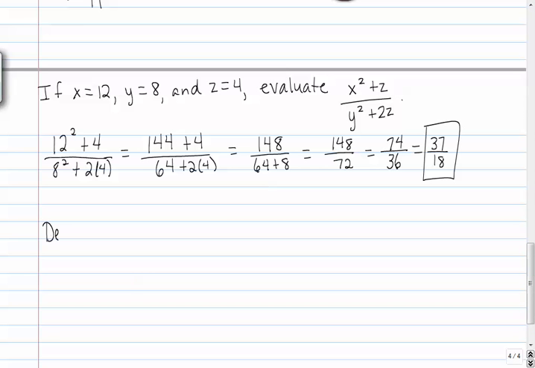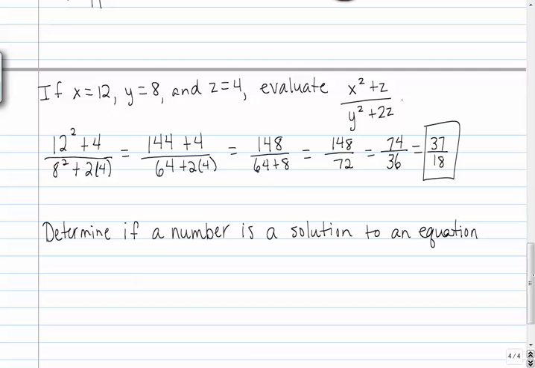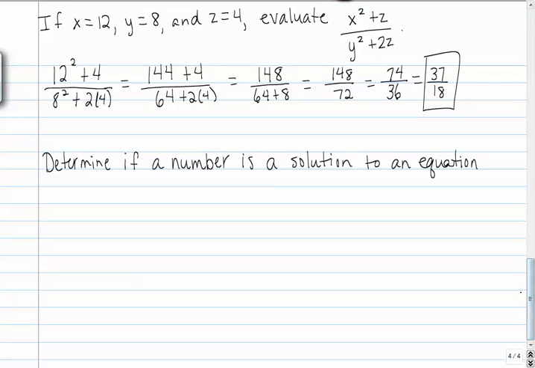All right, now we're going to try to determine if a number is a solution to an equation. Determine if a number is a solution to an equation.